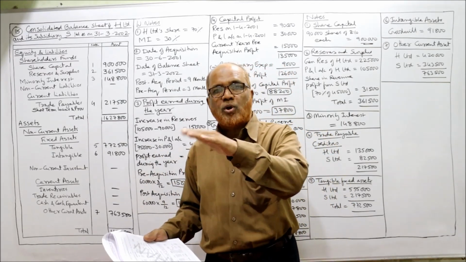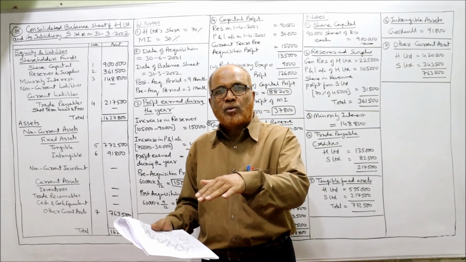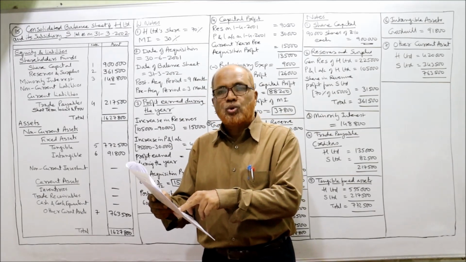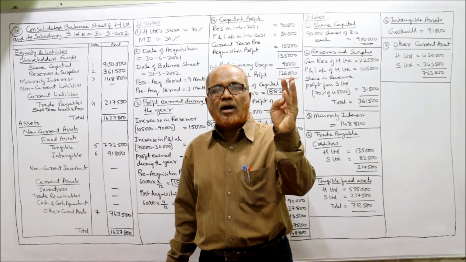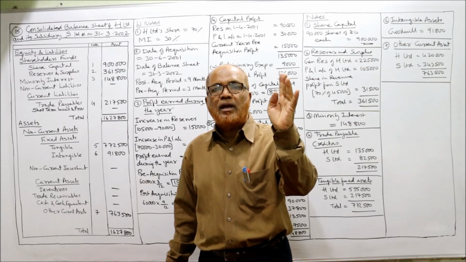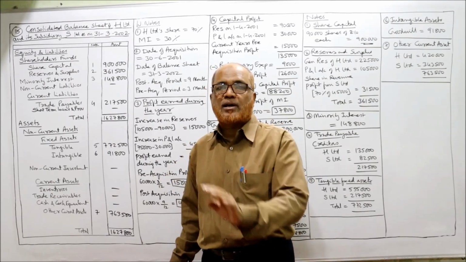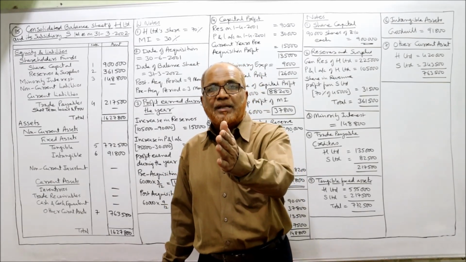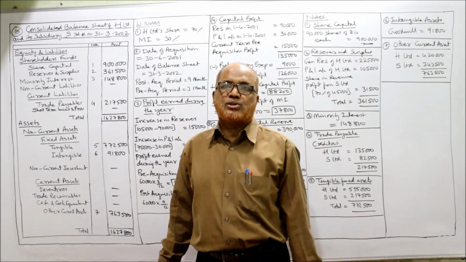So how many months post and how many months pre, we have to find out. Post acquisition, so 30th June 2001, that means we start from July. July, August, September, October, November, December, January, February, March. So totally 9 months are post-acquisition and 3 months are pre-acquisition.